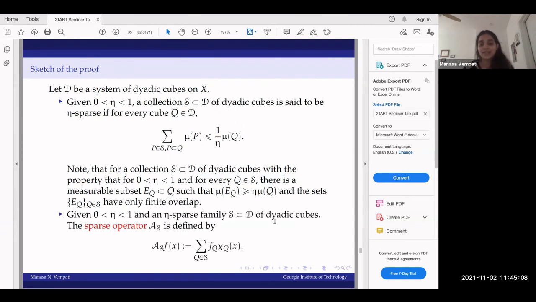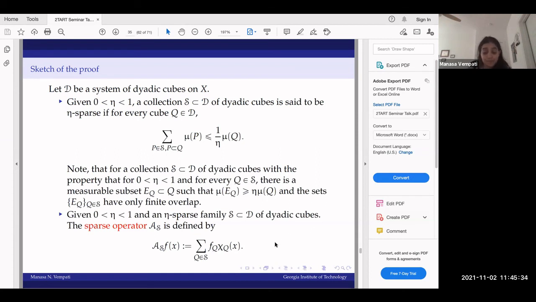Once we have the sparse collection of cubes, we can define a sparse operator in the setting of a space of homogeneous type by this function. A sparse operator is given as the summation of f_Q times the indicator of Q of x, where f_Q is the average of f on the cube Q, and we are summing over all cubes that come from the sparse collection.